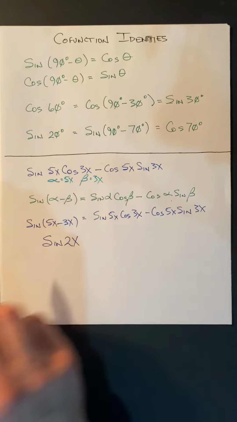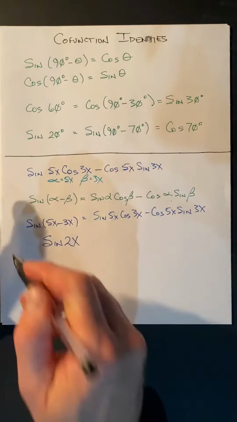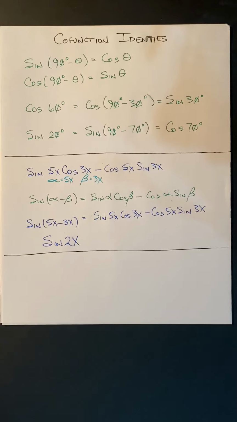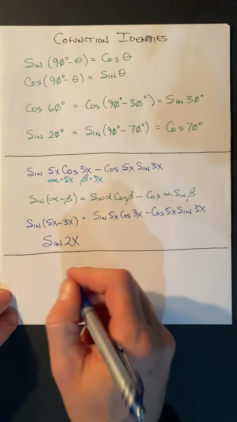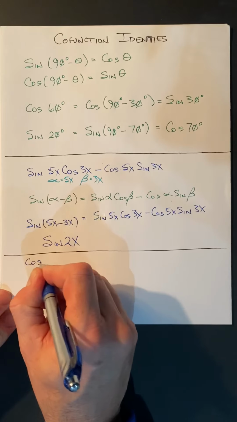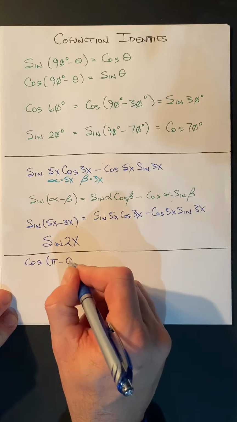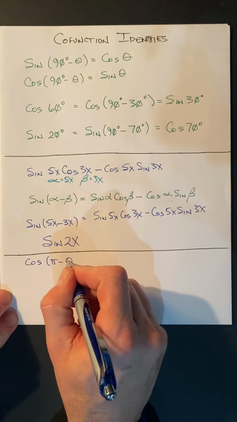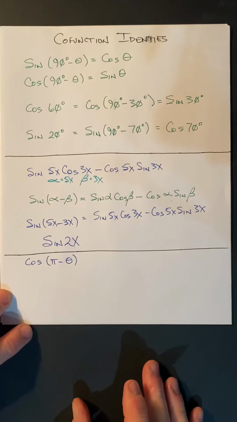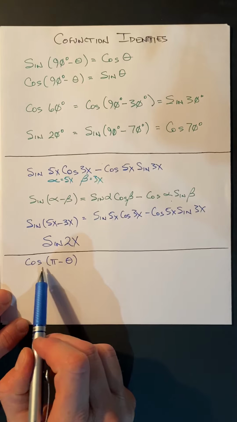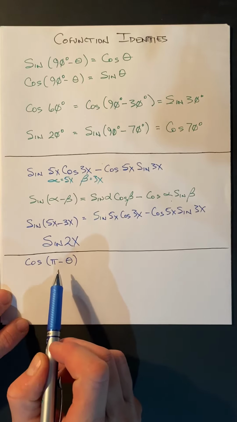What if I were to have the cosine of pi minus theta, okay? What would that be equivalent to? All right, so I have a difference, right?